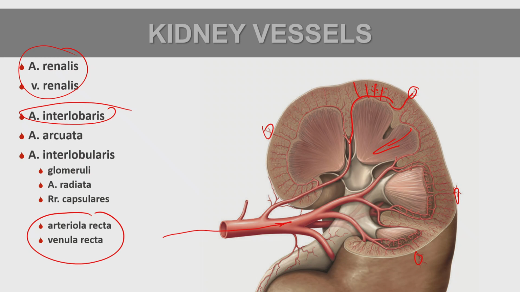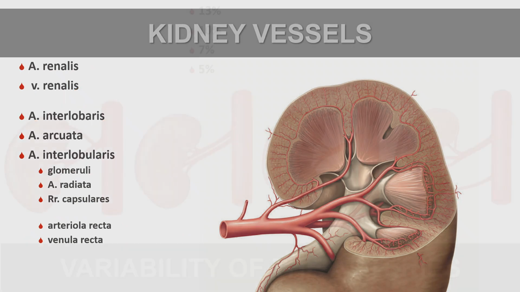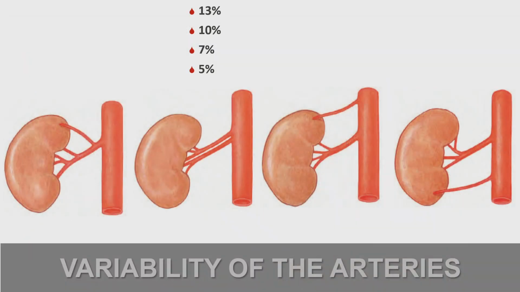They maintain the resorption and form the osmotic pressure here to resorb water back. The arteries in the kidney are end arteries, and we have many variations.